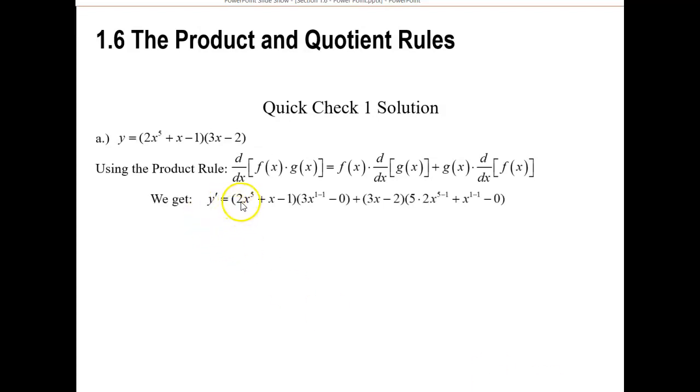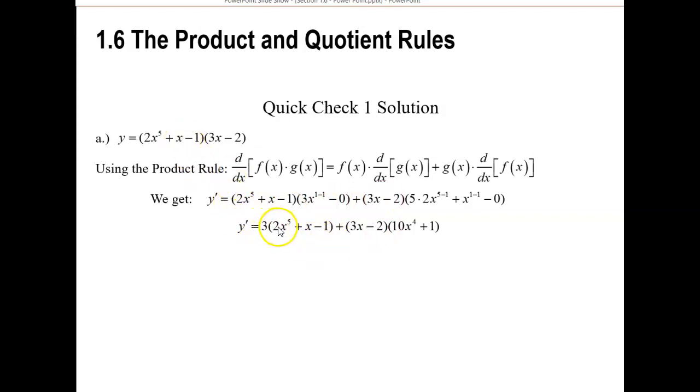All right, so the first function is this. This is the derivative of the second. This is going to be 3 minus 0. Plus, this is the second function. This is the derivative of the first. The 2, they're just showing all the steps here, right? The 2 staying, the 5 coming down, right? And then going term by term. I probably would have skipped this step right here and just gone straight to this one.